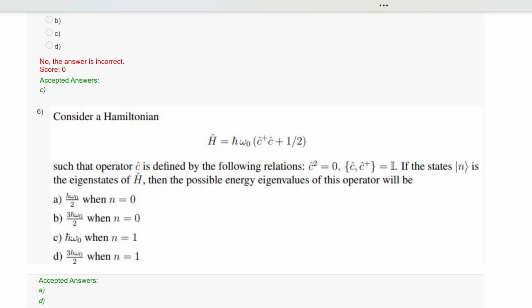You have to get the eigenvalues of this operator, that means you have to get the energy eigenvalues.